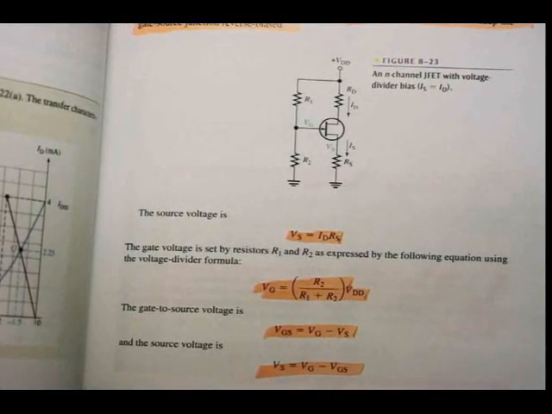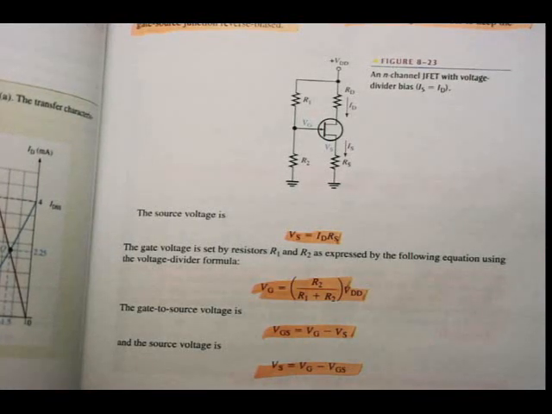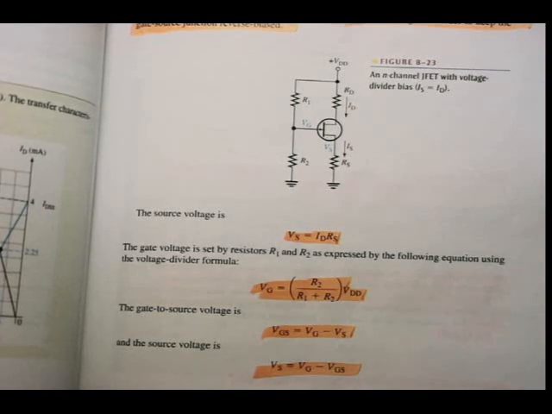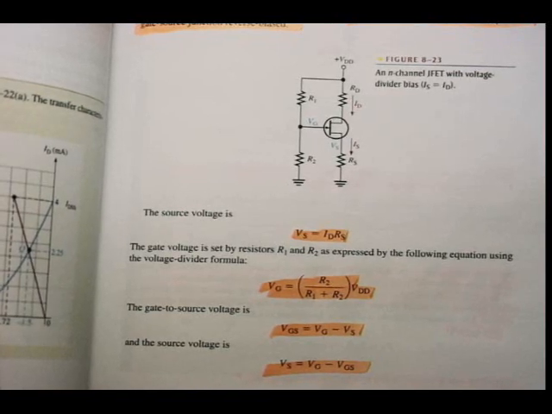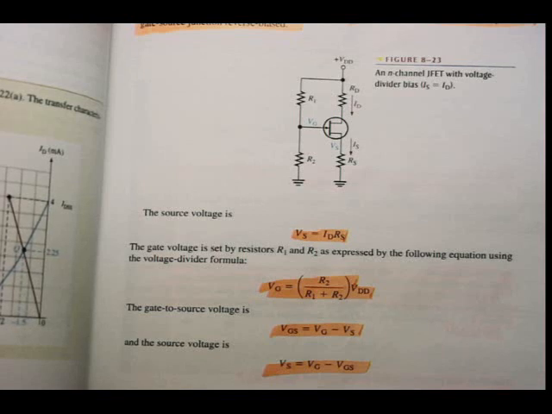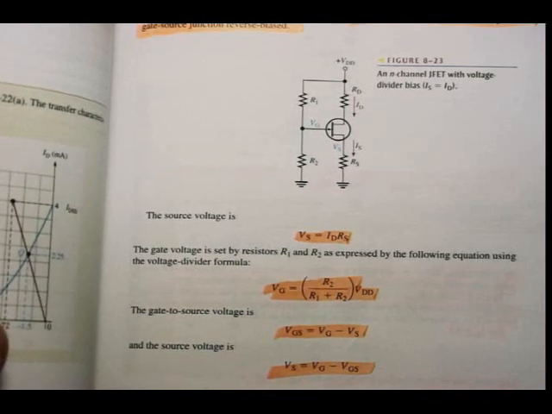Alright, then the source voltage VS is ID times RS, and then the gate voltage set by the resistors R1 and R2 is expressed in the following equation, the voltage divider formula, exactly the same as for the BJT, only now it's not VB but VG: VG equals R2 divided by R1 plus R2 times VDD, and not VCC as in the BJT.